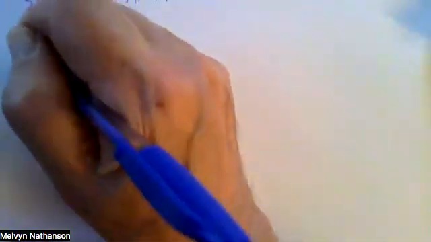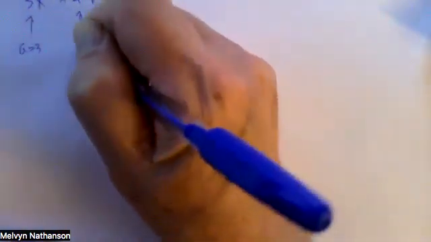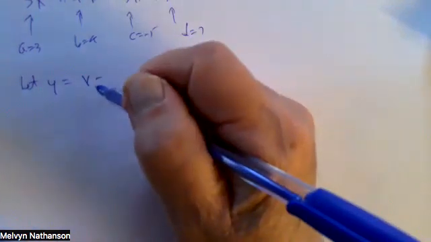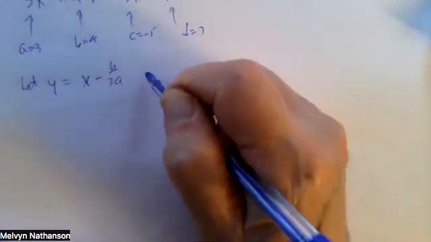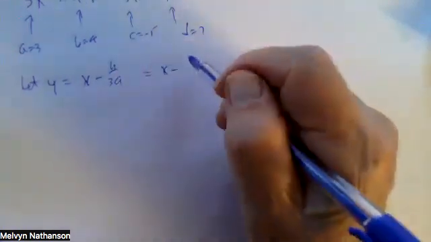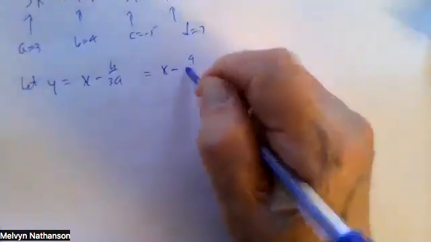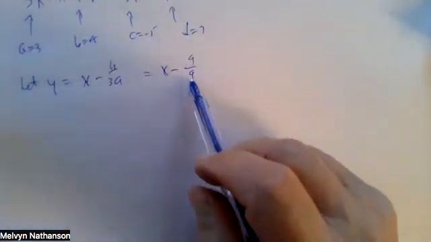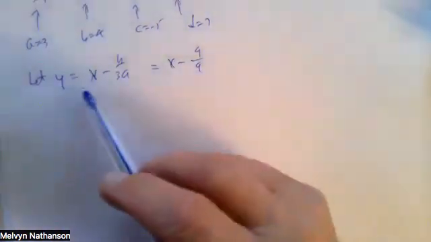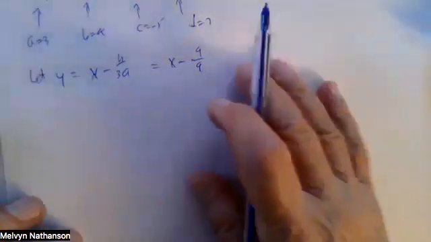So a is 3, b is 4, c is minus 5, d is 7. So I want to let y be x minus b over 3a, which is x minus 4 over 3 times 3, which is 9. So I'm going to substitute y is equal to x minus 4 over 9.